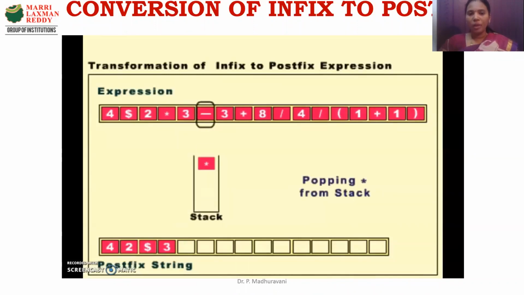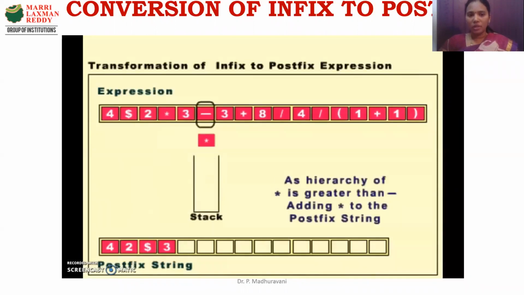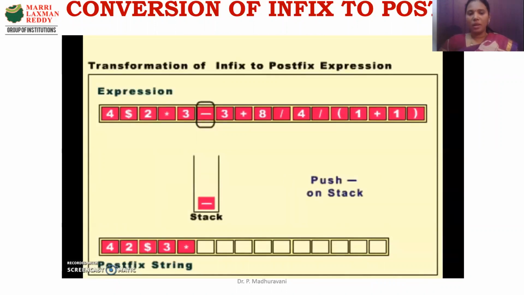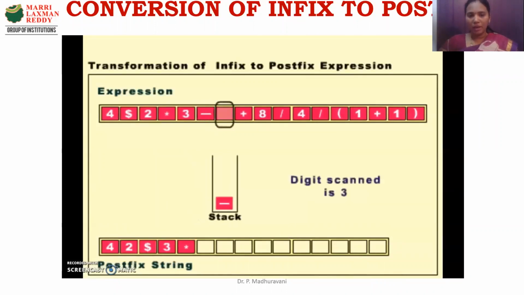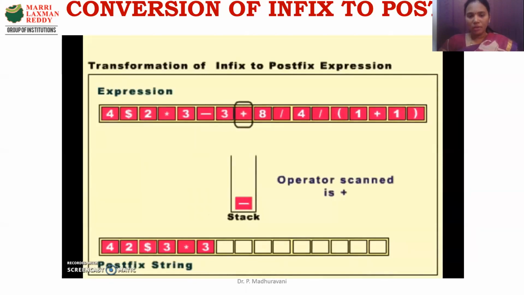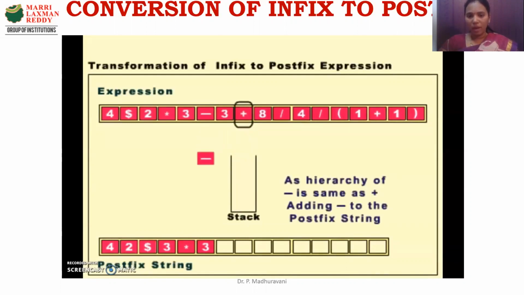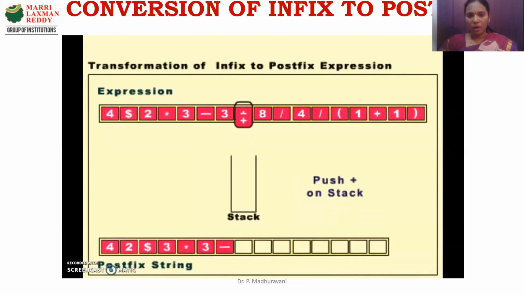Compare the operator precedence between the star and minus. Star has the higher precedence, so you pop it and then push minus onto the stack. Now 3, a constant, display it. Plus is again an operator. Compare the precedence with the top operator, which is minus and has equal priority. In that case, pop it and display it, and then push plus onto the stack.